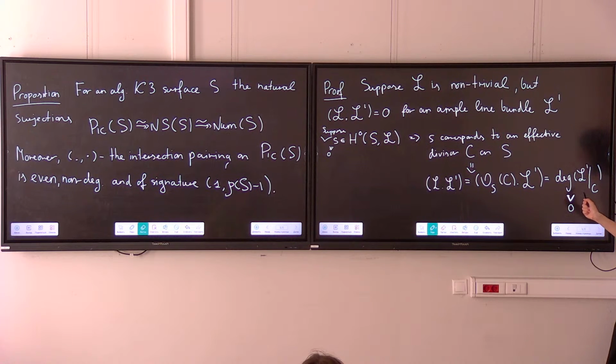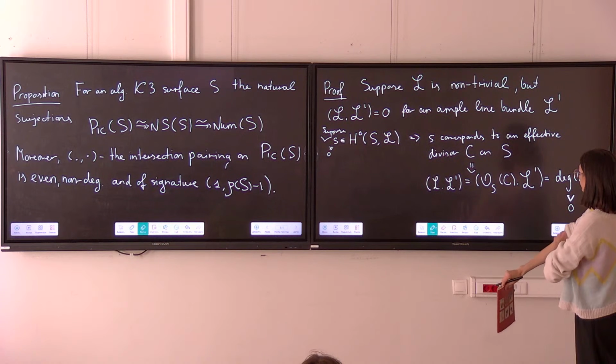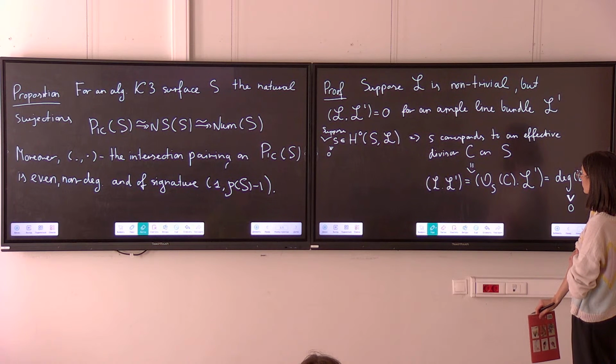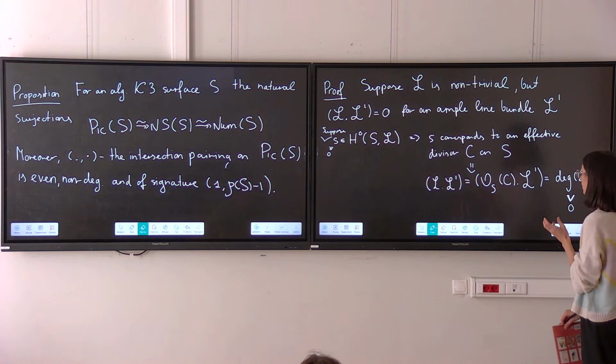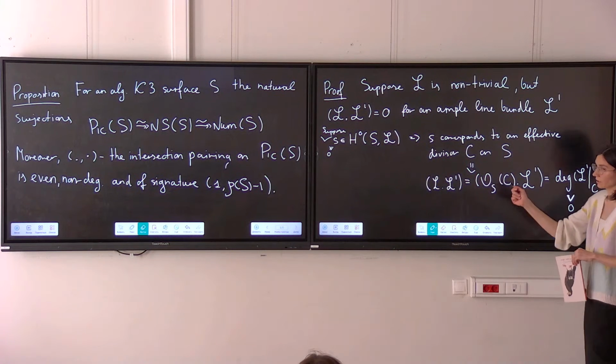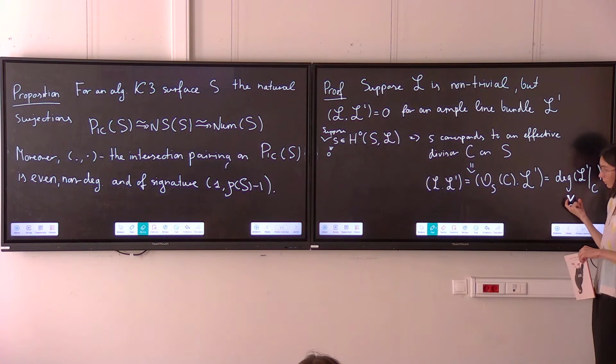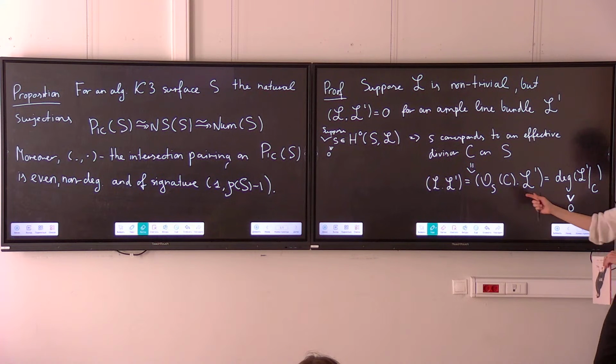Does everyone understand why? I also have the same question as Alex. Maybe C is, for example, singular, or it has different components. But let us take one component, and if it has several components, we just take the sum, and this will be greater than 0.